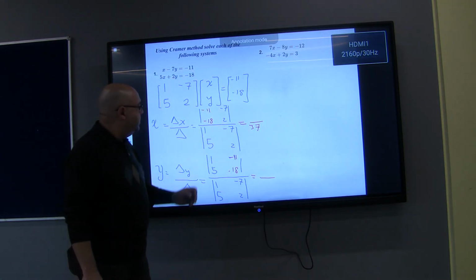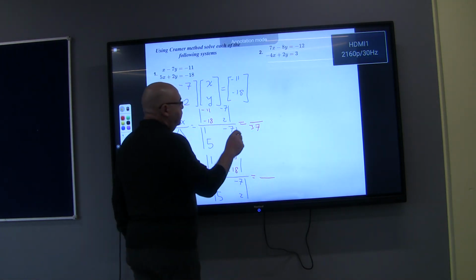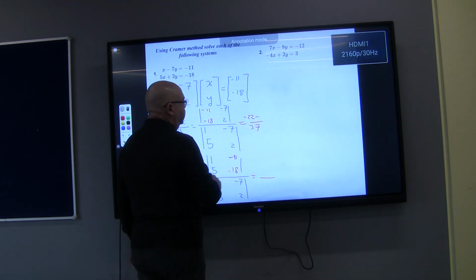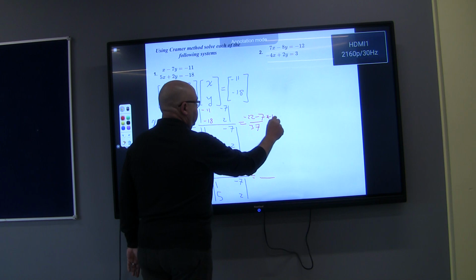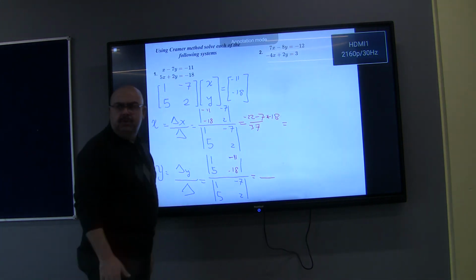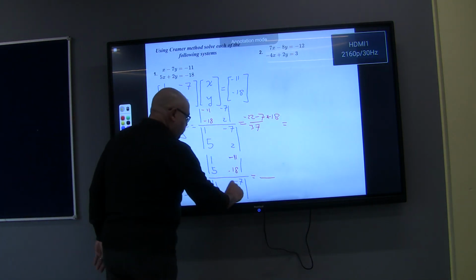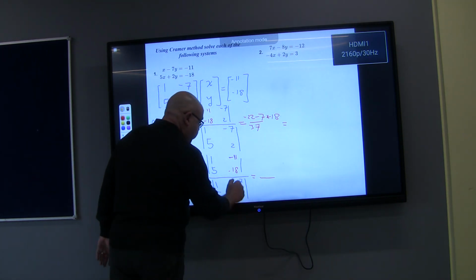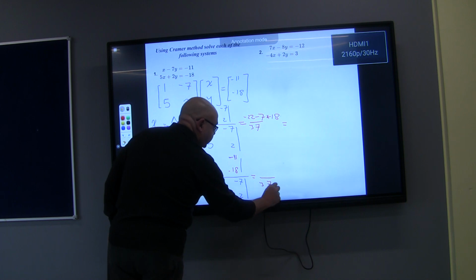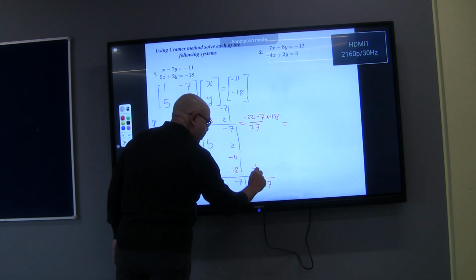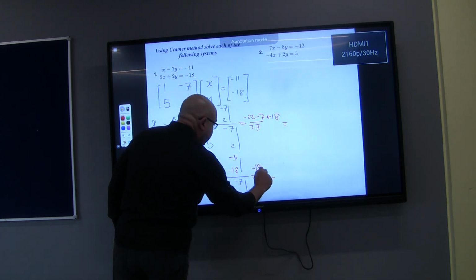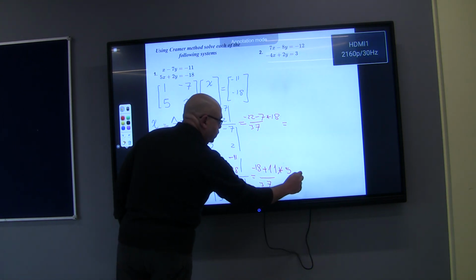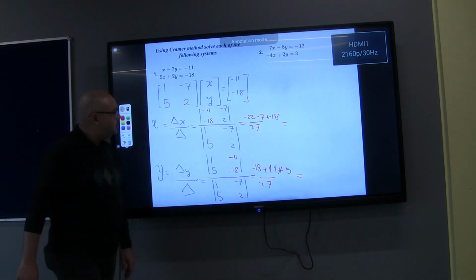This is 2 plus 35. For the numerator, it's going to be -22, -7 times 18. Please use your calculator. In a similar manner, you will have negative 18, then plus 11 times 5.